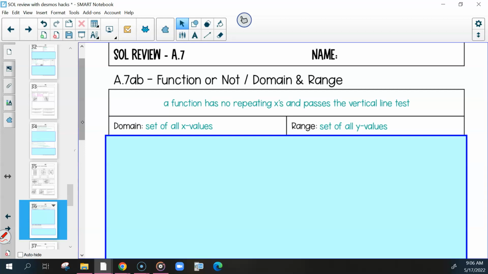Or it'll tell you, if this is your x value, what would your range value be, something like that. But if it gave you a function, you could put that in. Otherwise, Desmos doesn't really help you do domain and range or determine whether something is a function or not.